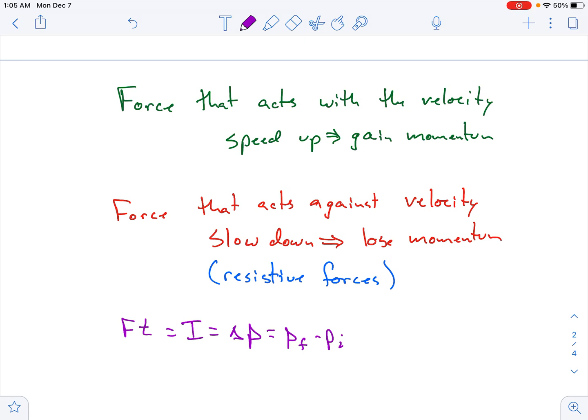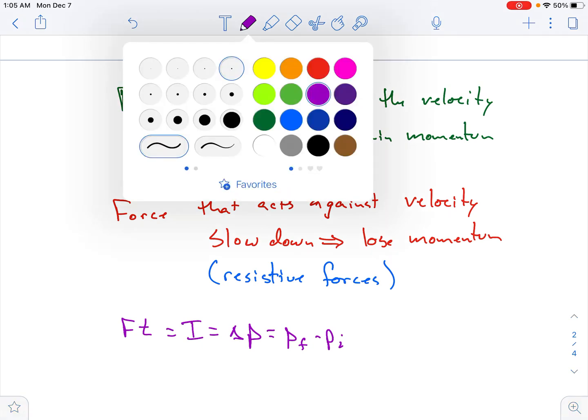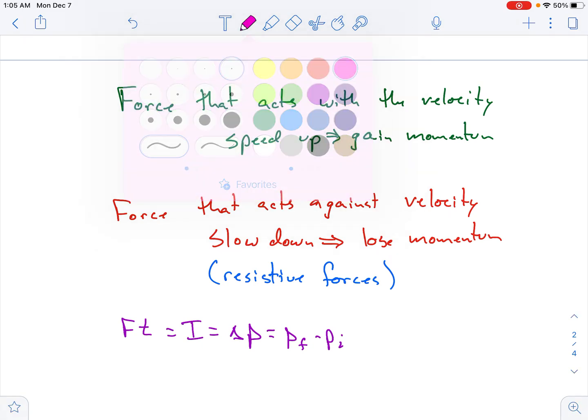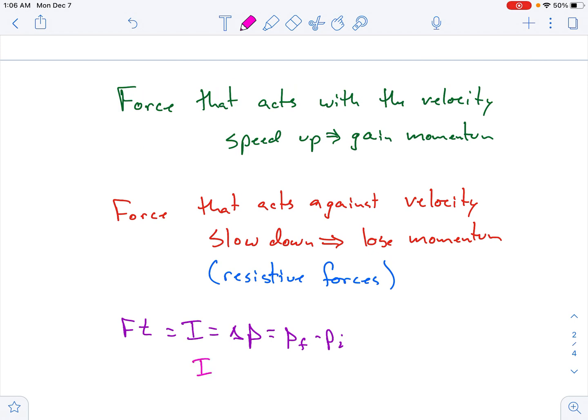Well, what I want you to keep in mind is what this long equation tells us is that I can solve for anything that we see here if I'm able to use any of the others. Right? Typically, you'll hear impulse and they'll say force times time, and they'll do change in momentum and do PF minus PI. However, what this equation tells me is that I can also do impulse as PF minus PI. I can also do change in momentum as FT.